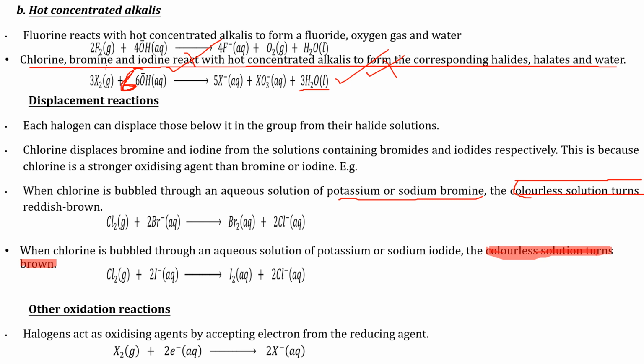As you covered in your O-level, oxidizing agents after oxidizing get reduced because they accept electrons, and those electrons are provided by reducing agents, as already stated above. So let's proceed to the next slide.